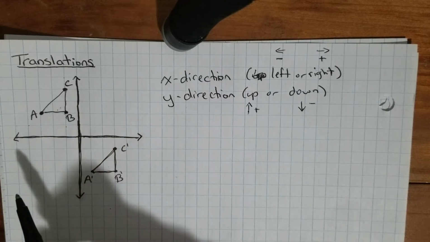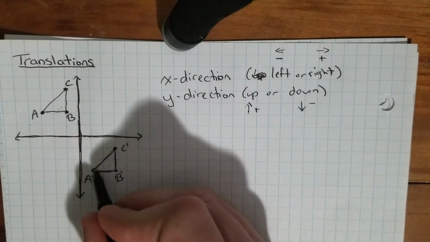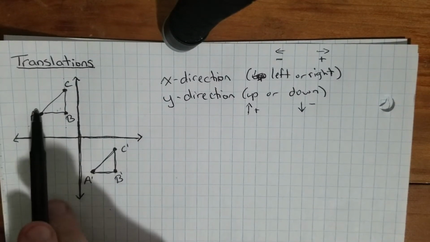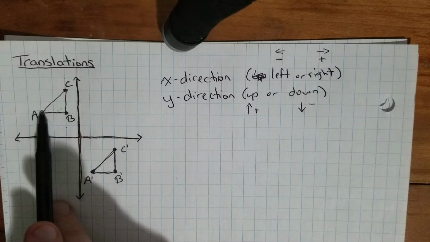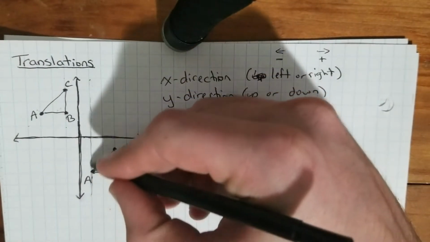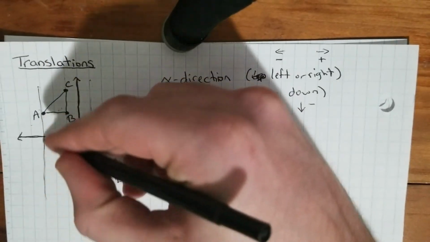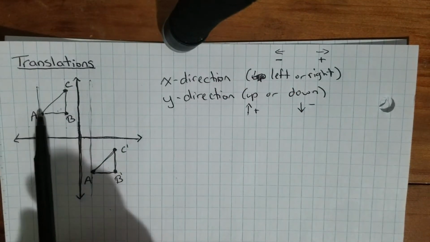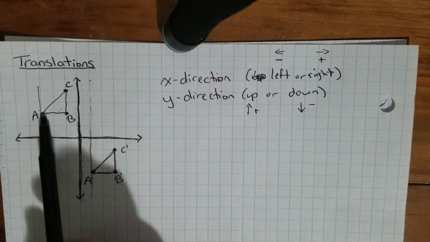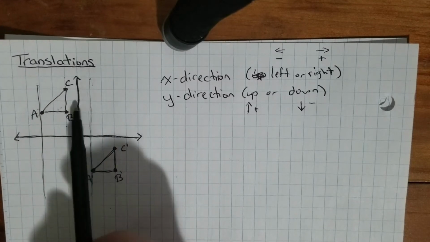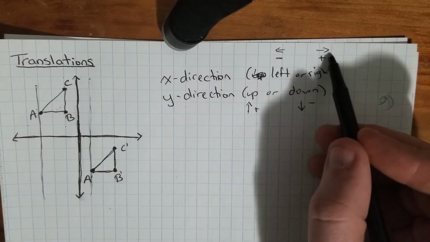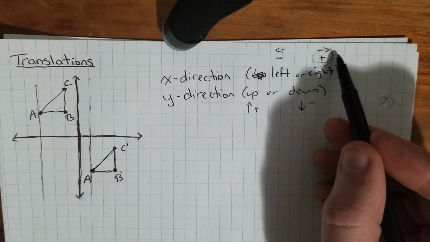We could take any one of these points. It doesn't matter which one we decide to take a look at. So let's start off by taking a look at point A. Well, in order to get from this point A to this new point A, we kind of think of there being an imaginary line here, an imaginary line here. I'm looking at how I got from this spot to this spot. And if we take a look, I'm moving to the right, which means that my x value, or moving in the x direction, is going to be a positive number.